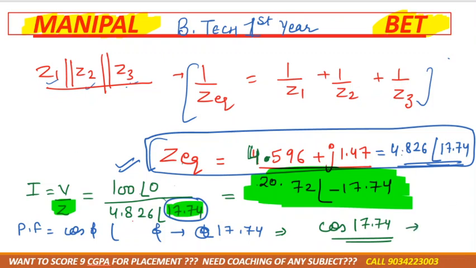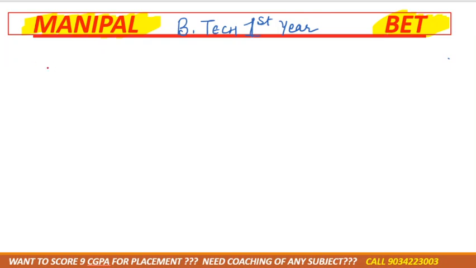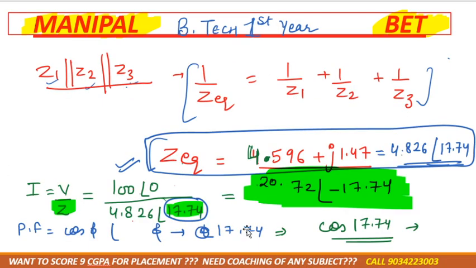So you can write it down in your formula that whatever the angle of Z we get, that would be equal to phi. Okay, so we are getting the angle of Z is 17.74. This is phi. So cos of 17.74 is 0.95, right? Understood? We get the power factor value as well.